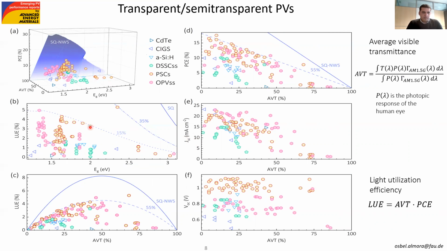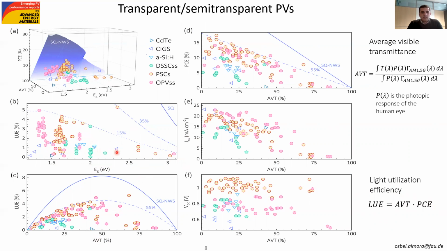You can also represent a very useful figure of merit, which is the light utilization efficiency, which is the product of the average visible transmittance times the power conversion efficiency. And here you can compare as a function of bandgap or again as a function of AVT.